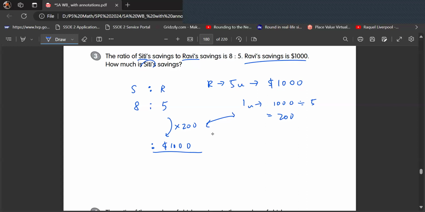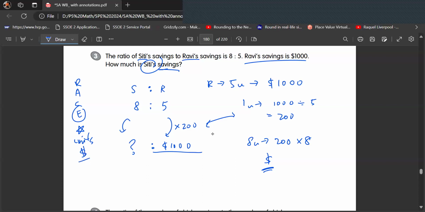Then to find Siti is times 8, and that's 8 units. Don't forget the units, because it's asking how much the savings. So in this case, I remind myself, very important, the units. Correct, you're right.